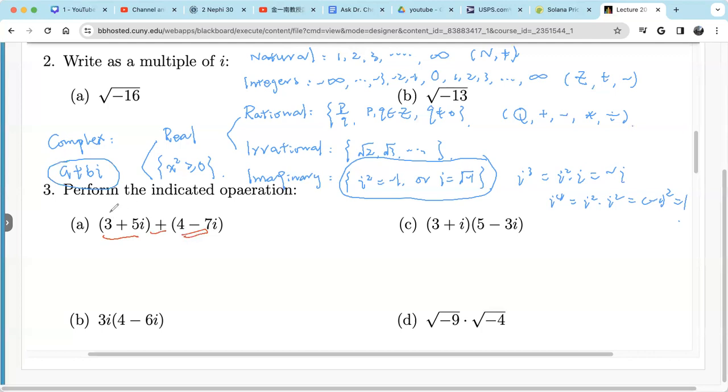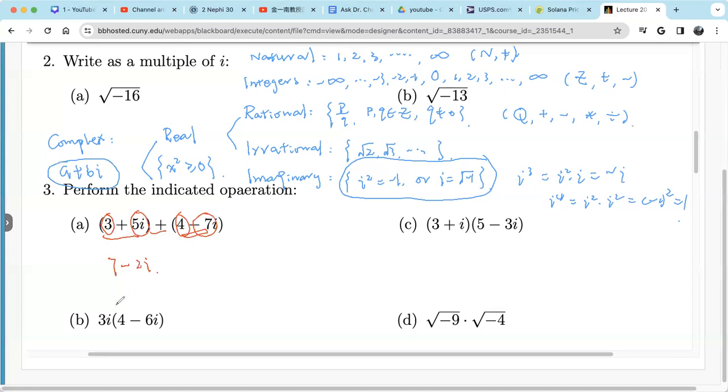So when we add it, we look for like terms. So this number and this number are like terms, because both are real numbers. So 3 plus 4, 7. Now, imaginary part, we have 5 minus 7, right? That's -2i. So we get 7 minus 2i.